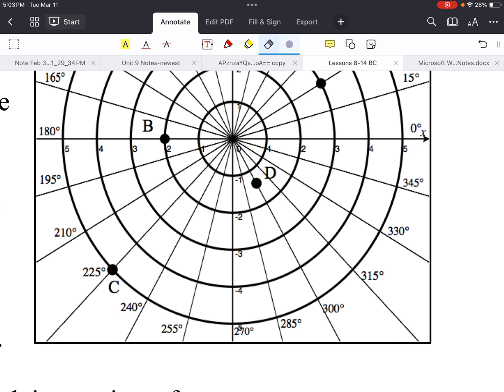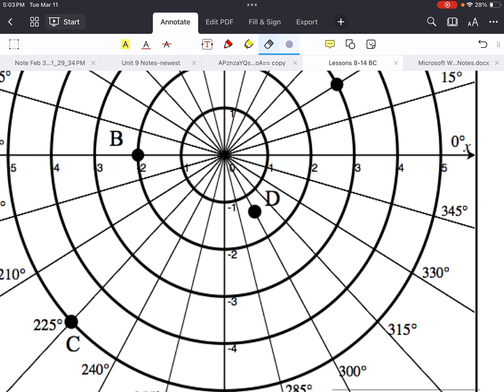We can also have, one thing that's kind of weird to think about, a positive radius and a negative radius. So this point B, it is 2 units from the origin, and it is at an angle of pi radians.